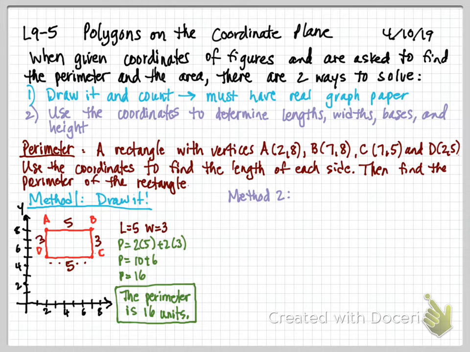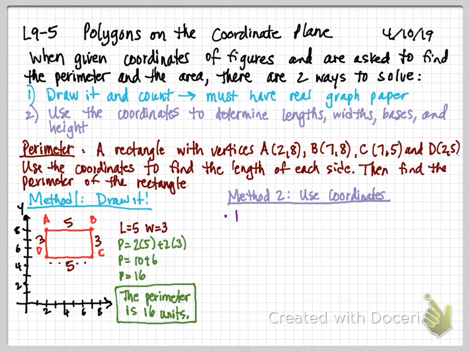Okay, let's talk about method 2. And that's going to be use the coordinates. So I won't even draw a picture of it. So what we need to do is look at 2 ordered pairs and look at their x coordinates and look at their y coordinates. Okay, so 2 situations can pop up.